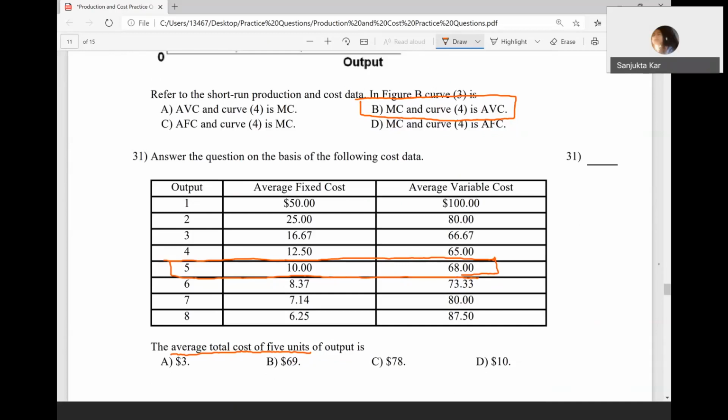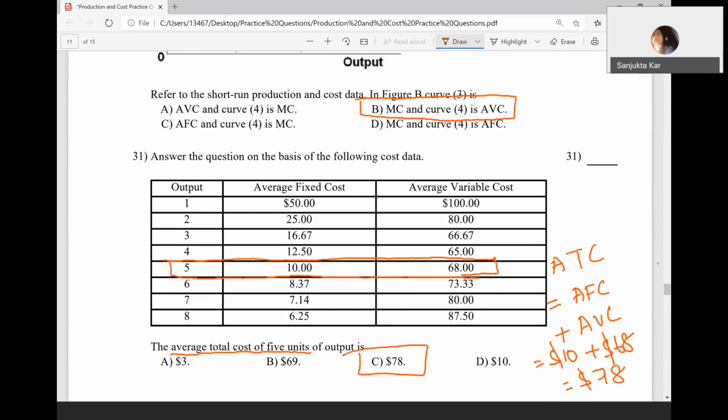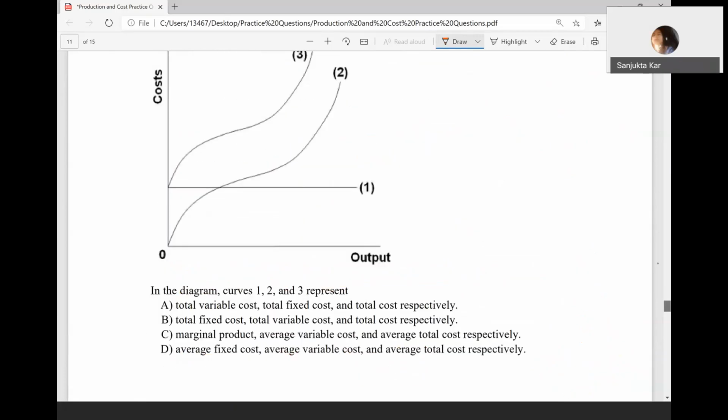What's that going to be? So this one will be equal to average total cost is average fixed cost plus 68. This is 78. We love this question. Time to move to the next one here.